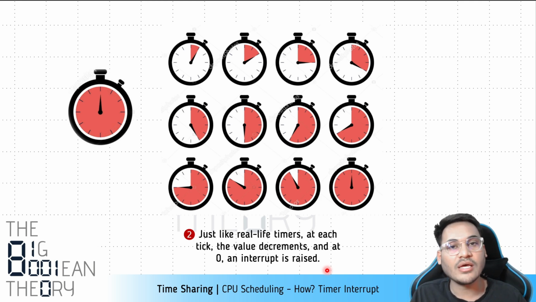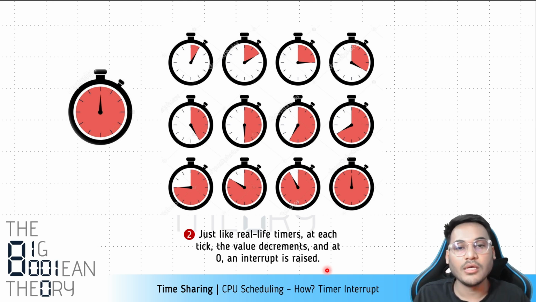Let's say the timer has been programmed for 250 milliseconds, right? Then in 250 milliseconds there will be 250 ticks, and at the 250th tick the counter value will become 0, and it will raise an interrupt. And it will not only raise the interrupt just once, after every 250 milliseconds it will raise an interrupt. So this is the basic idea behind a timer.